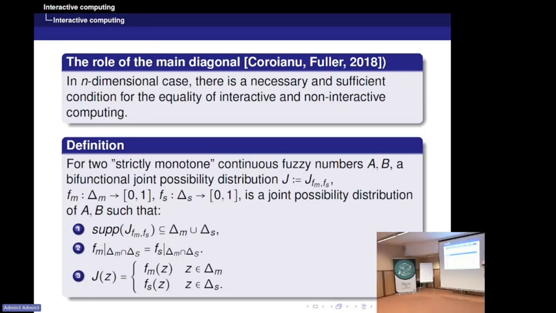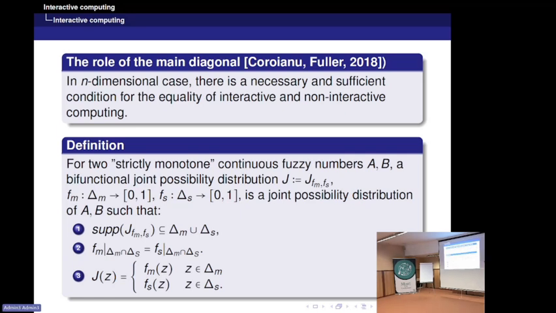So there was some condition for functions of n variables, such that the function had to be strictly increasing in each variable. And for this case, there was some condition on the main diagonal, an if and only if condition for which interactive and non-interactive computing somehow agreed.